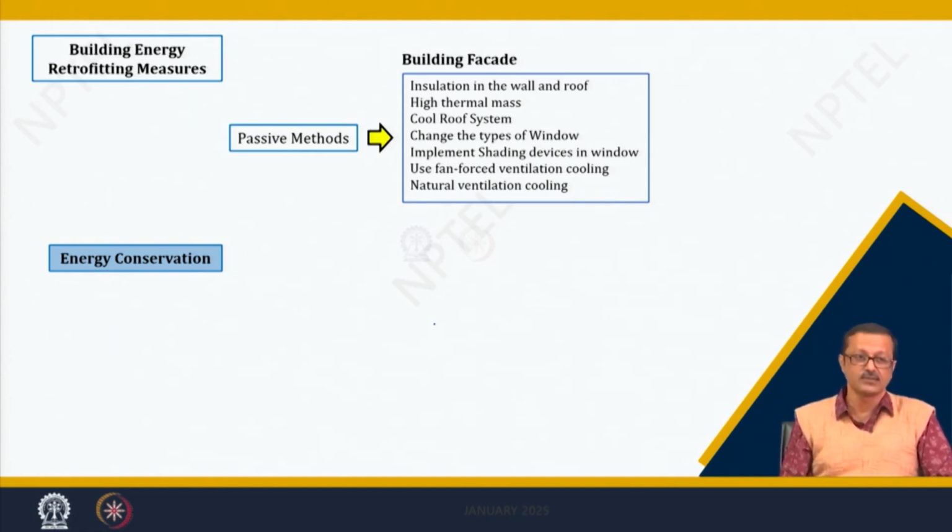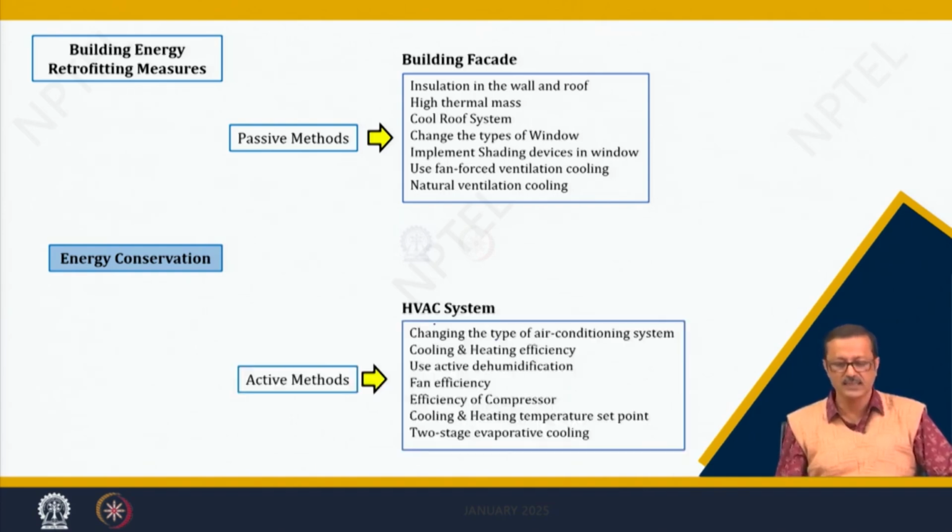So definitely if you compare the fan forced ventilation and the HVAC systems, definitely fan forced ventilation will require less amount of energy, and sometimes we can actually induct some potential amount of natural ventilation for the cooling also. Whereas in the active mode we have the HVAC systems, we can think of some kind of a change in the type of air conditioner.